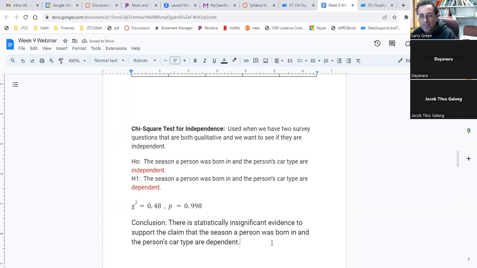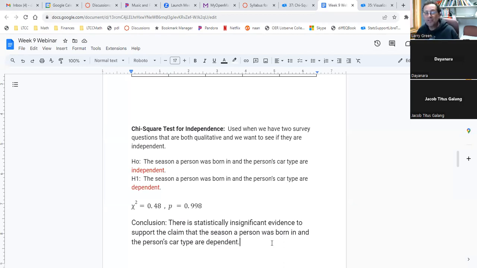Any questions on the chi-square test for independence? This is done a lot, and it often is done when you have two survey questions and you want to find out if there's a relationship between them.